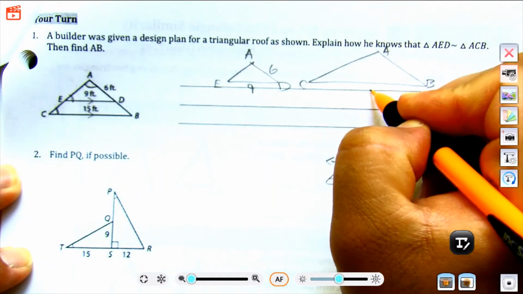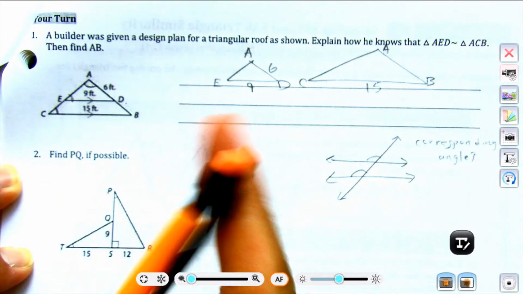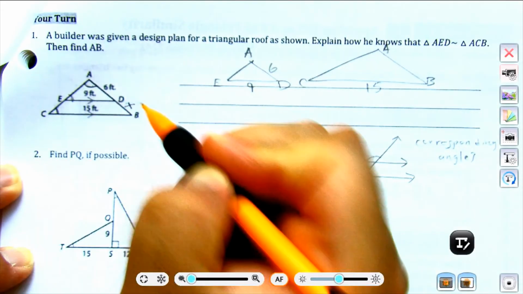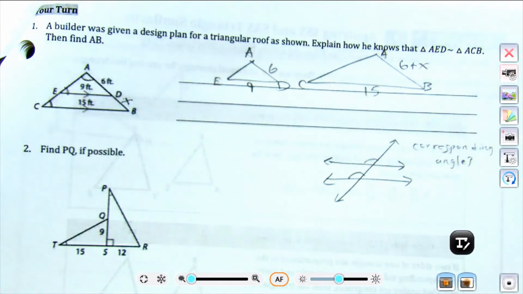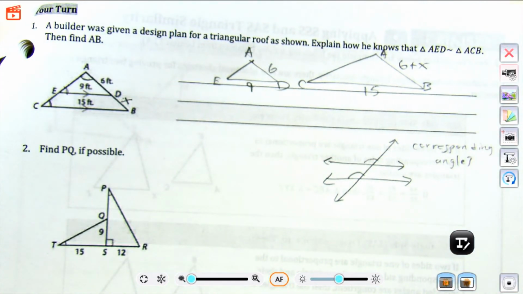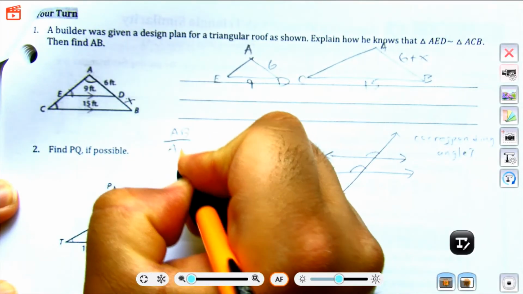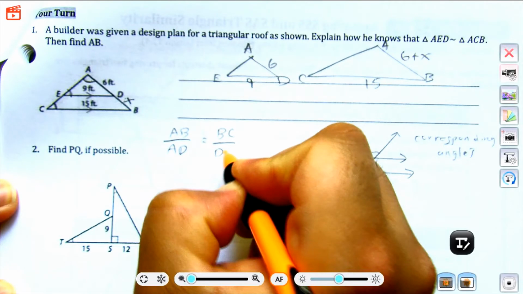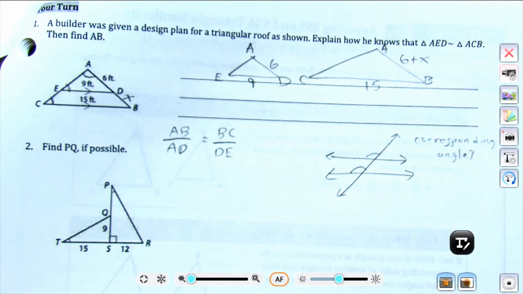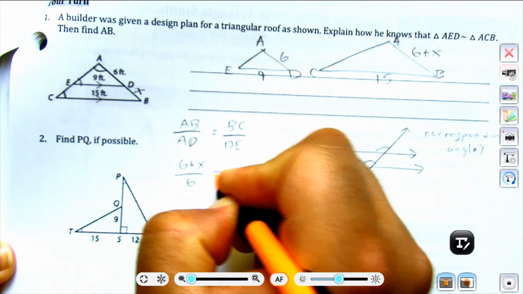And now AB is actually going to be 6 plus X, because this DB is X. So this is going to be 6 plus X. Then creating your proportion, you can do your proportion any way you want. So I'm going to say AB over AD is equal to BC over DE. And then substituting, I get 6 plus X over 6 is equal to 15 over 9.